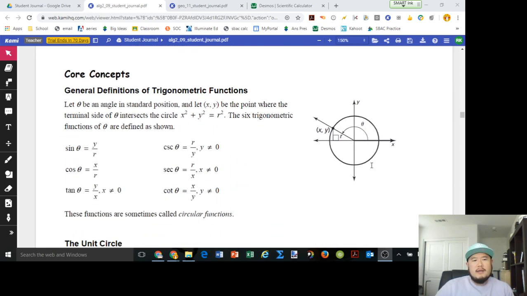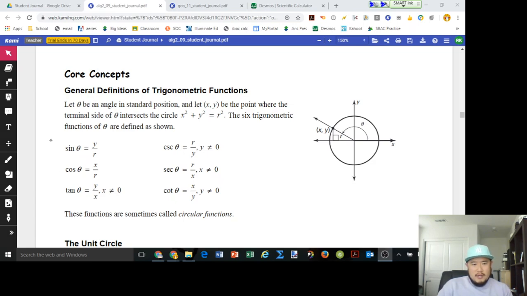And right here, we have general definitions of trigonometric functions. Now, remember, we have our mnemonic device to help us remember the sides that go with sine, cosine, and tangent. We had SOHCAHTOA. So if you look right here, sine theta is equal to y over r, cosine theta is x over r, tangent theta is equal to y over x.